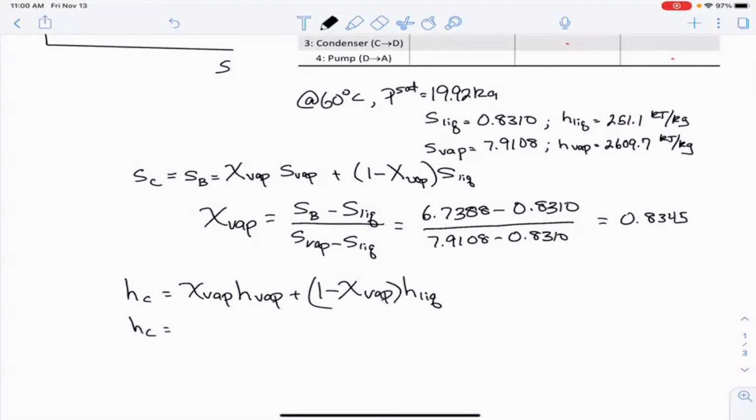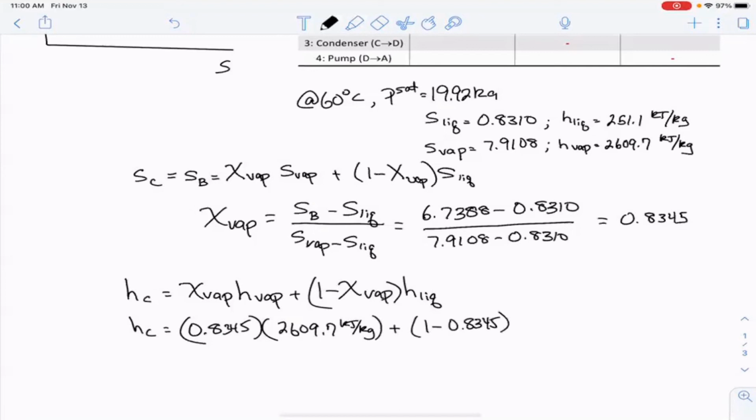And so that is equal to 0.8345 times the enthalpy of the vapor phase, which is 2609.7 kilojoules per kilogram, plus 1 minus 0.8345 times 251.1 kilojoules per kilogram. Okay, and so we can find the enthalpy at C is then equal to 2219.3 kilojoules per kilogram.